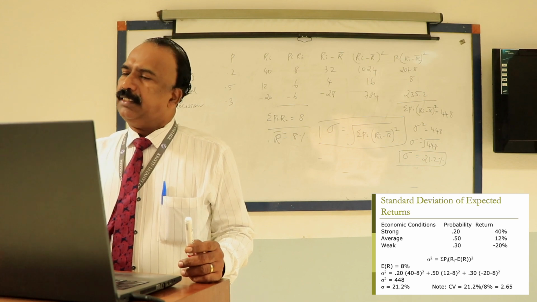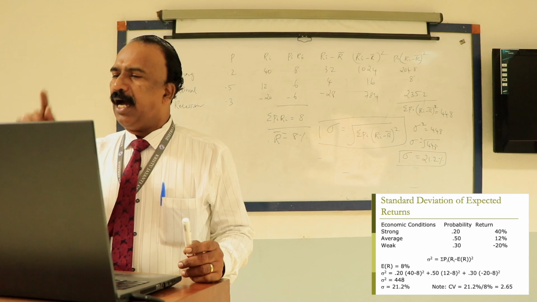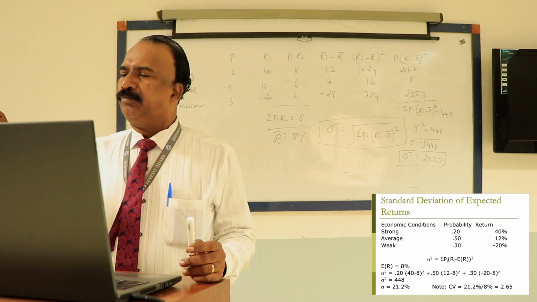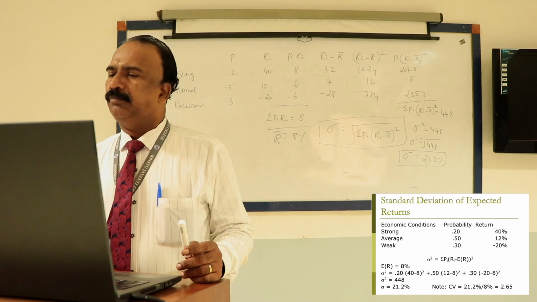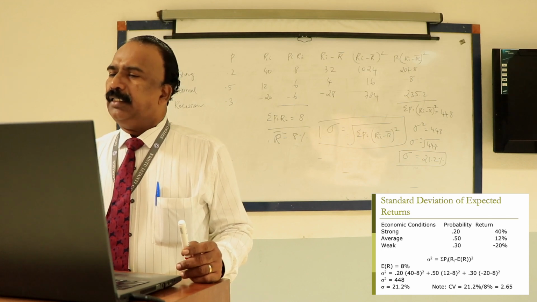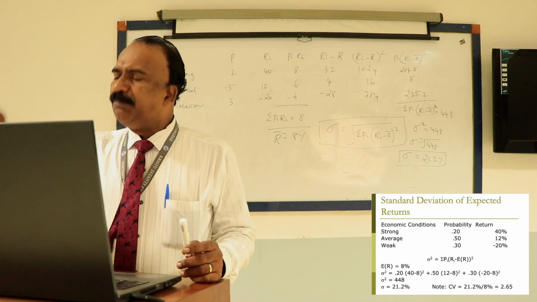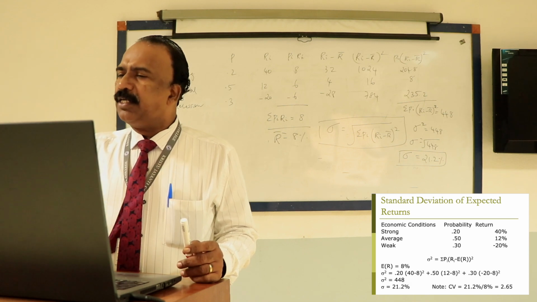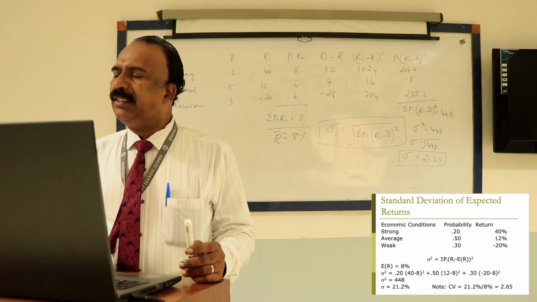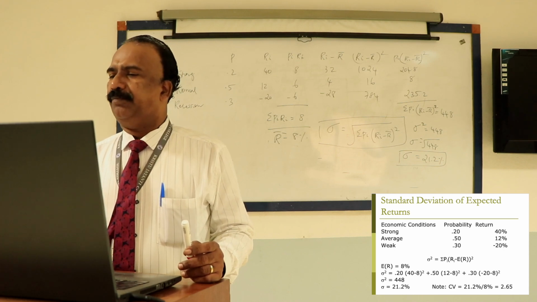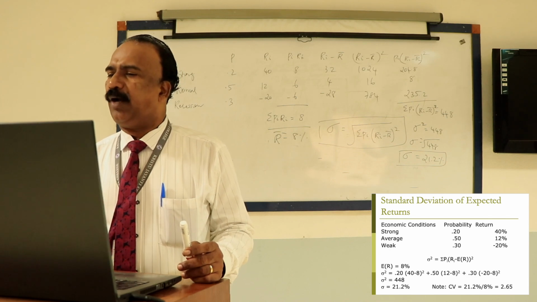Then the second and third steps are as we have done for actual return. That is Ri minus R bar. Then the third step is Ri minus R bar whole square. The extra step here is to multiply Ri minus R bar square with Pi, that is, multiply the probability with the deviation square.